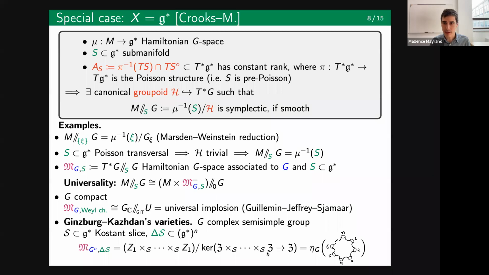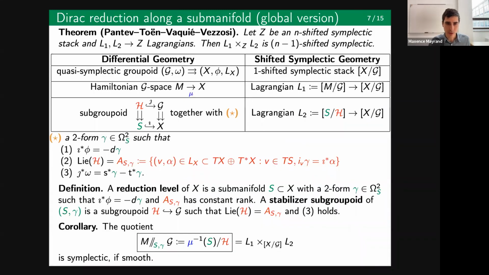Okay, so let's go back to the previous slide. So that's our construction in the global version, but as I said, we can forget about shifted symplectic geometry and just prove this directly, but also there's a more general version. Once we know what to prove, we can try to generalize that. We lose the interpretation in shifted symplectic geometry, but we get something which is more general.